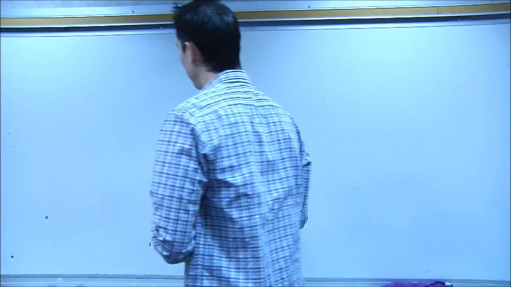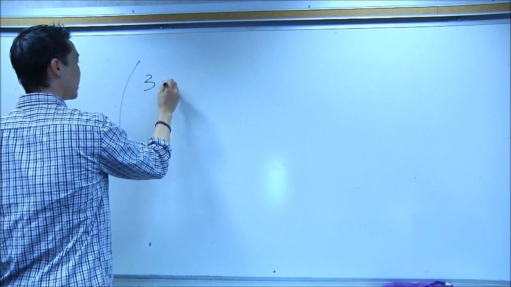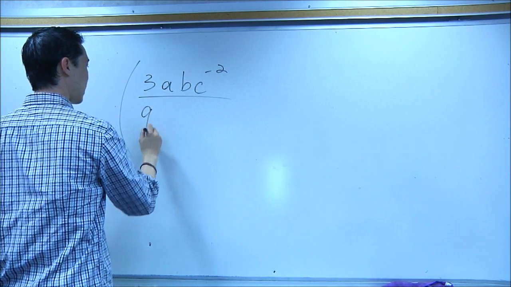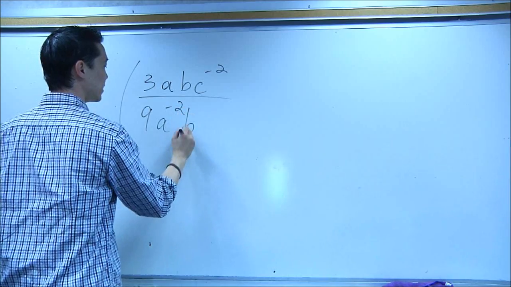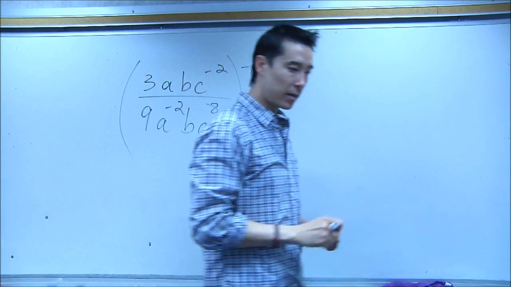Okay. You guys try this one on your own for a second. Let's do 3a, b, c to the negative second over 9, a to the negative 2, b, c to the 8th, all to the negative 1 power. Go ahead, try that one out.